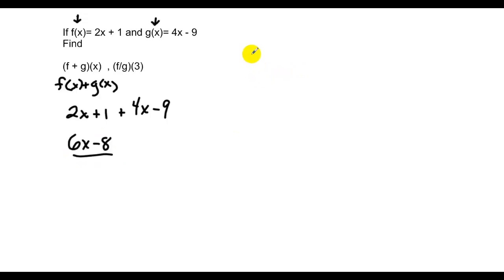And then when we're asked to find f divided by g of 3, this is saying take the two functions and divide them and evaluate that value at 3. So if I take f of x and plug a 3 in, I get 2 times 3 plus 1.